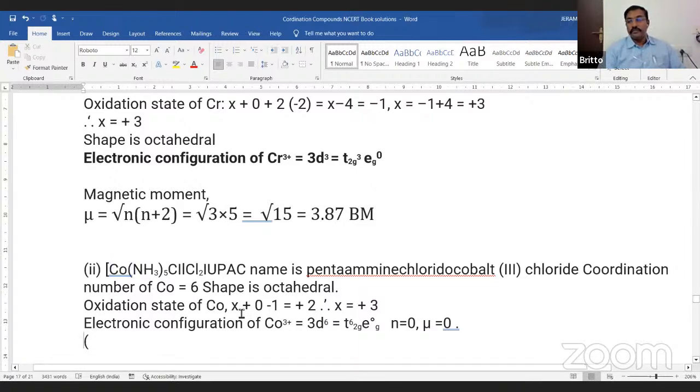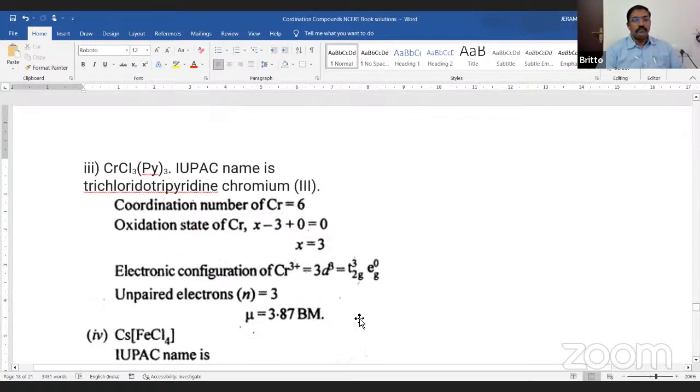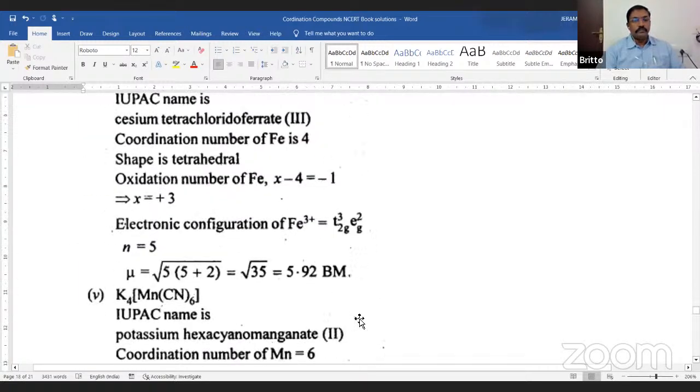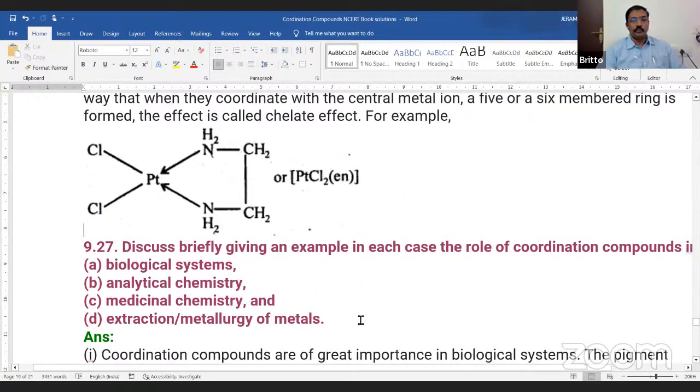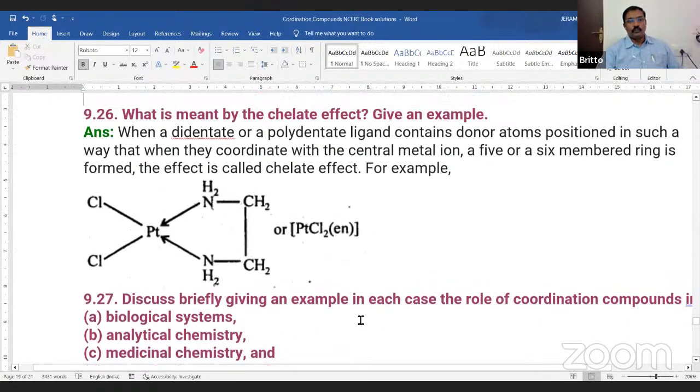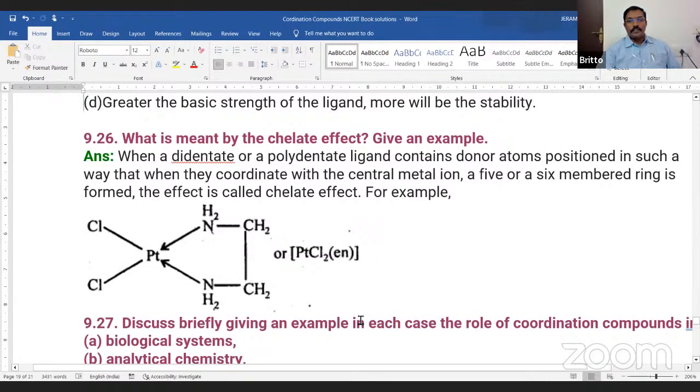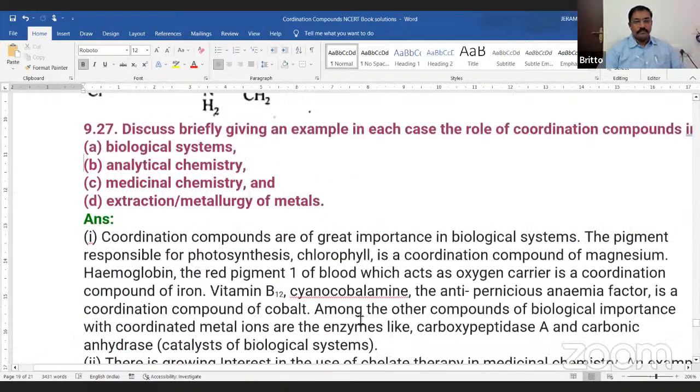Let us do some other problem. Sometimes, for stability of complexes, they may ask: if there are more bidentate ligands, that complex will be more stable compared to unidentate ligands.